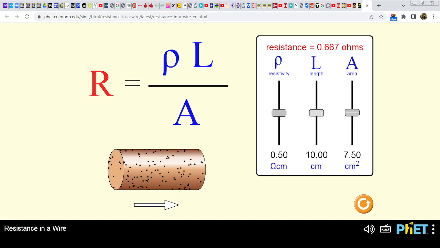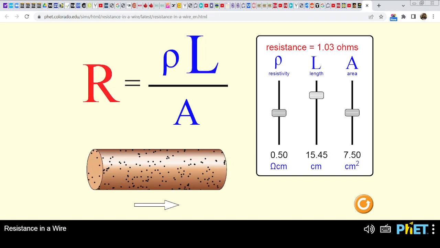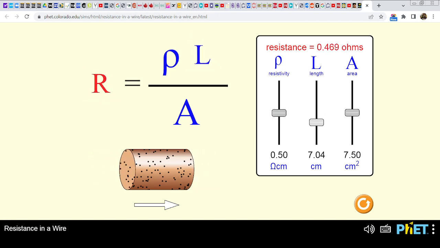If you increase the length, you also increase the resistance. If you decrease the length, you decrease the resistance. So this is a classic way of saying that you have two quantities that are directly proportional. That means that the resistance is directly proportional to the length.